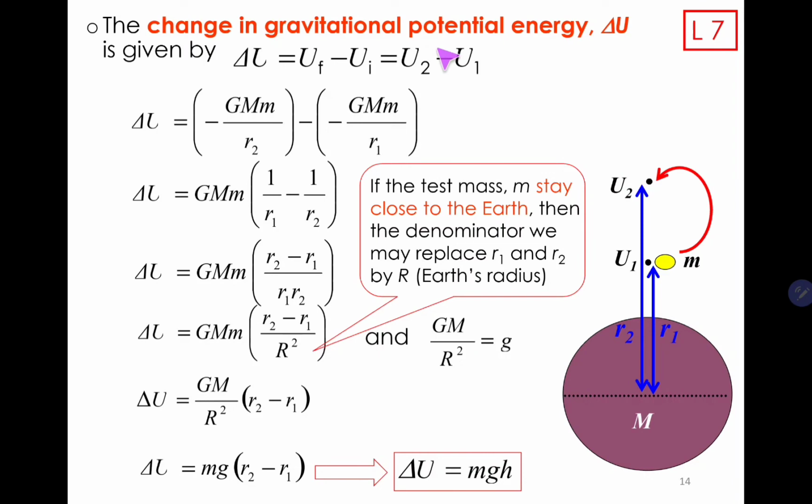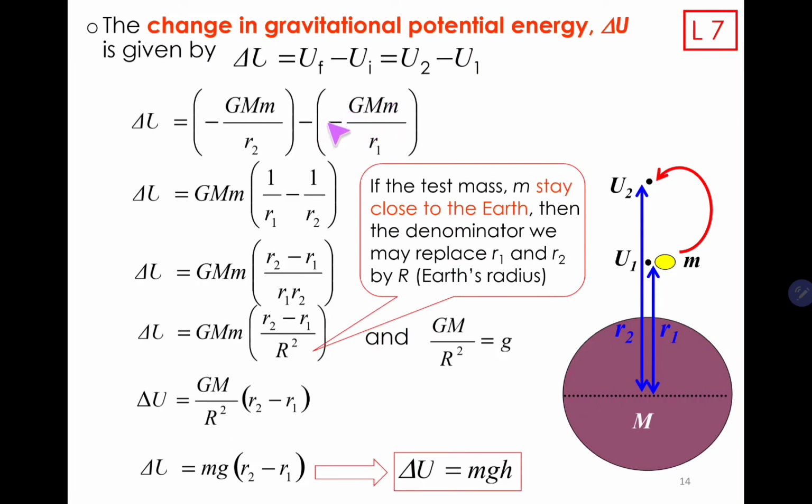So delta U should be U final minus U initial. The final position is point 2, the initial one is point 1, so delta U equals U2 minus U1. U is negative GMm over R, so U2 is negative GMm over R2, remember the energy is always negative here, minus U1. U1 is negative GMm over R1, negative again.